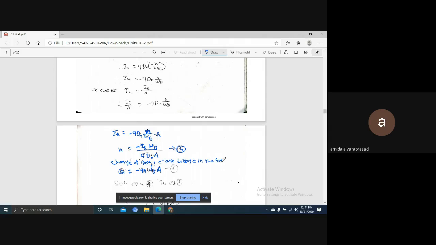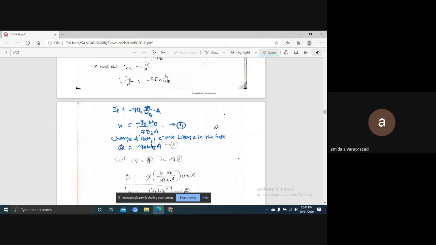When electrons are diffused in the base, Q is equal to minus q into n, since electrons have negative charge and n is the number of electrons. They are diffused in the width of the base region, along with A. This is about the charge at the base.